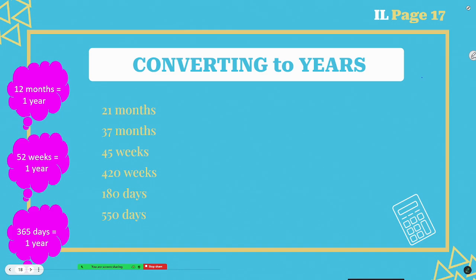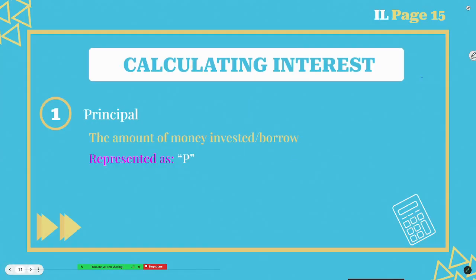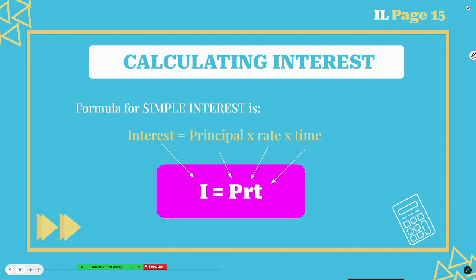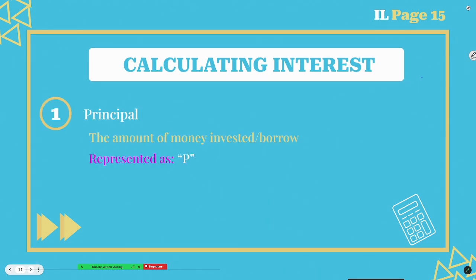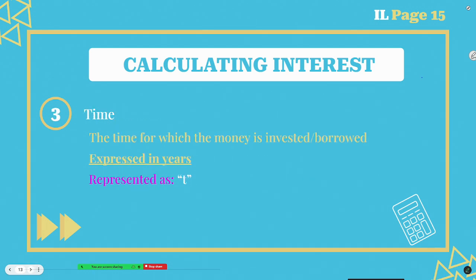The last part of our formula, going back, we see that interest equals principal times rate times time. Principal is the amount of money that's invested or borrowed. Rate is given as a percent, but expressed as a decimal. And time, the last part of our formula, is always expressed in years.